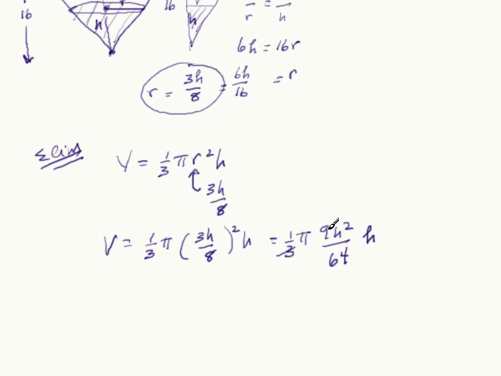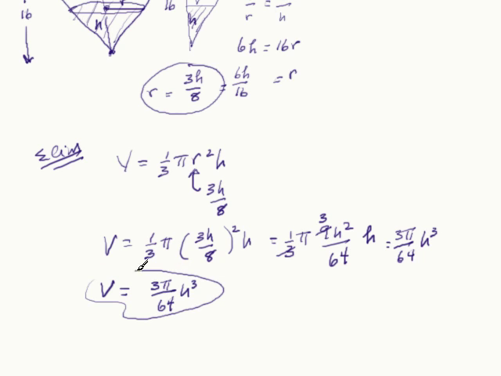Let's divide the 3 into the 9. So here we have pi over 3 times 9 pi over 64 h cubed, so V is equal to 3 pi over 64 h cubed. So we eliminated r, and we finished the eliminate step.